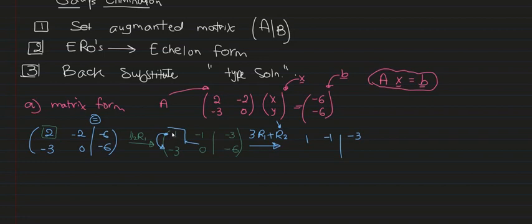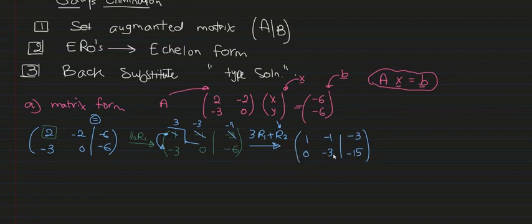Let's multiply row 1. This 1 times 3 is 3. Negative 1 times 3 is negative 3. Negative 3 times 3 is negative 9. And then add the result into row 2. So 3 minus 3 is 0. Negative 3 plus 0 is negative 3. Negative 9 plus negative 6 is negative 15. Okay, this is very good.